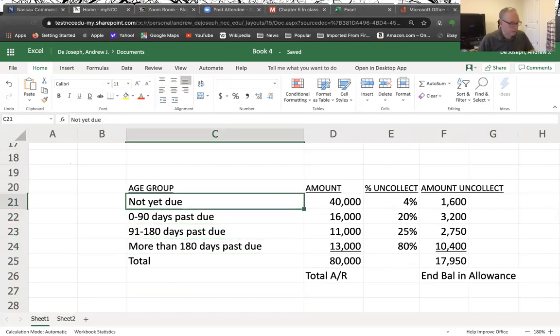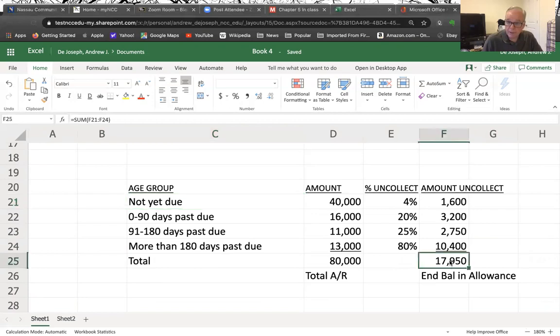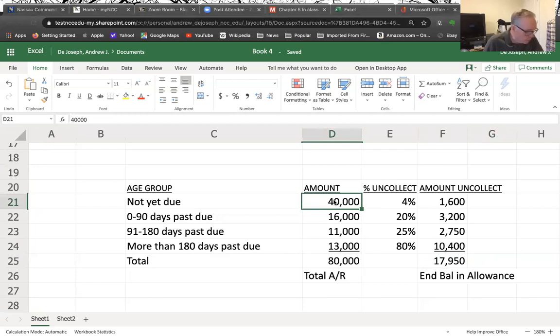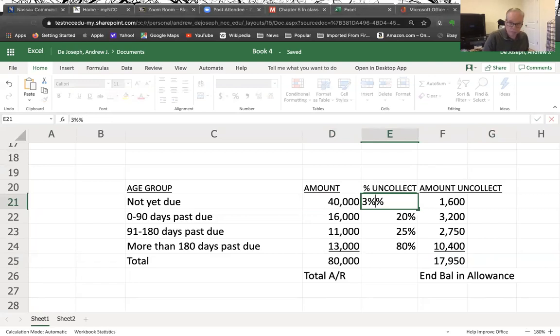Right, now they give us this kind of information. An aging schedule as of December 31st is provided below. Calculate the allowance for uncollectible accounts. In other words, we have to calculate this number here. Same way we did there. So not yet due is 40,000 and the percentage is 3%.